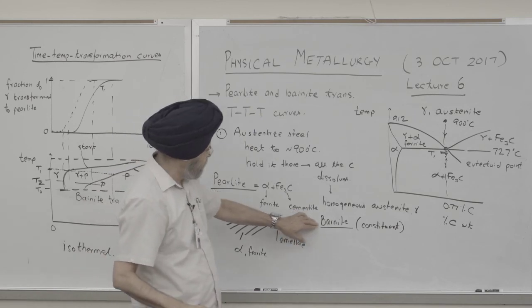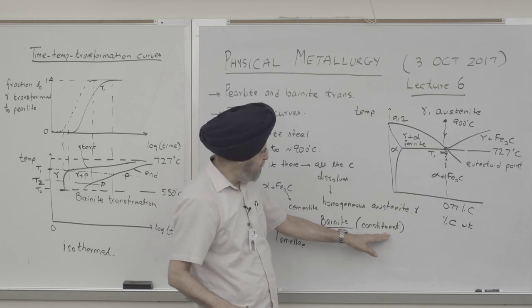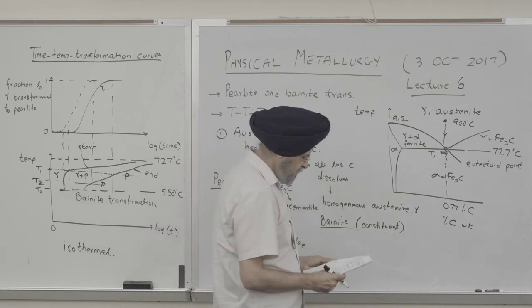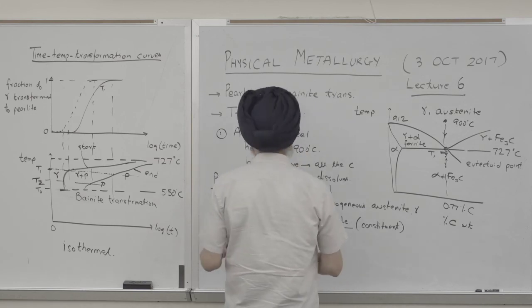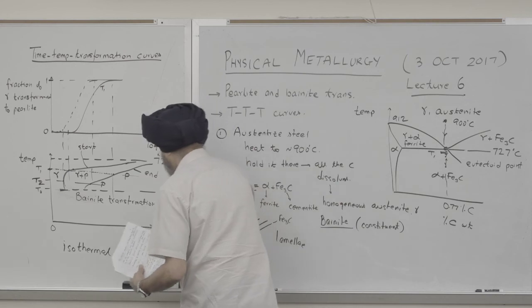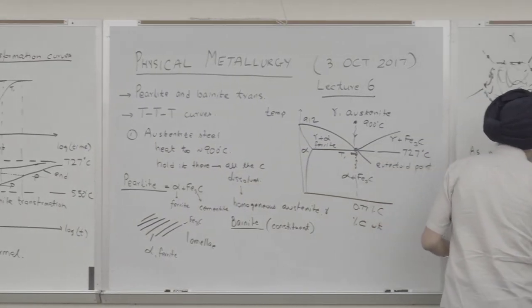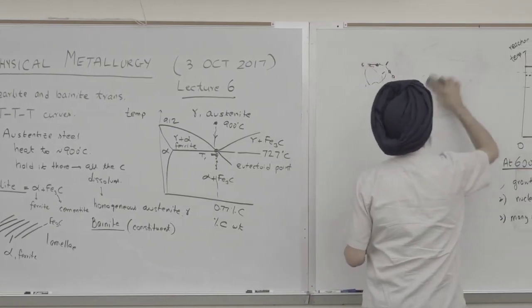Whatever you can see on the microscope, that particular region is called the constituent of that microstructure. So Bainite is not well understood. Bainite is confusing.